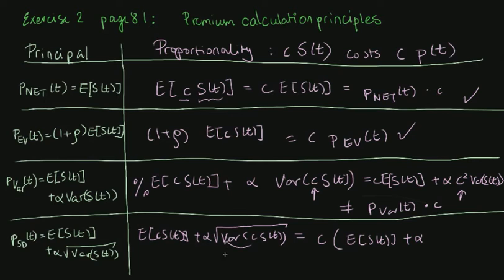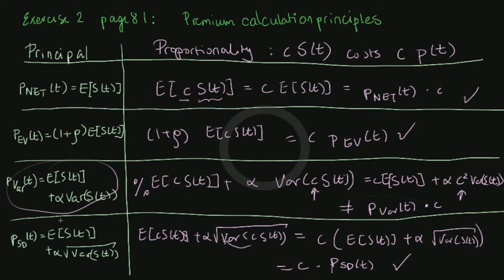Take the c outside the variance it is c squared, outside the square root it is c, and then I can take this c outside the parenthesis. What I have inside the parenthesis is just alpha and the standard deviation of S of t. And this is equal to c multiplied by the price of S of t under the standard deviation principle. And hence proportionality is satisfied in all cases except the variance principle.